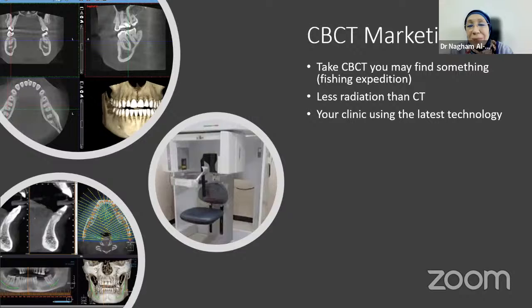The other marketing tactic frequently mentioned is that your patient will be impressed by how modern your clinic is and that you are using the latest technology, that your clinic is better than the others, and you can share those pretty pictures with your patient. So these are some of the marketing tactics of CBCT.